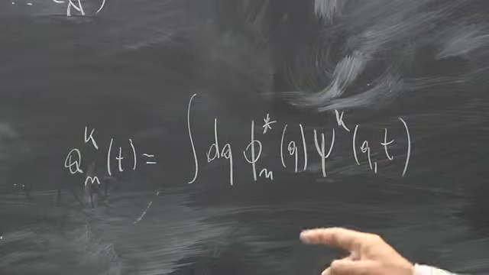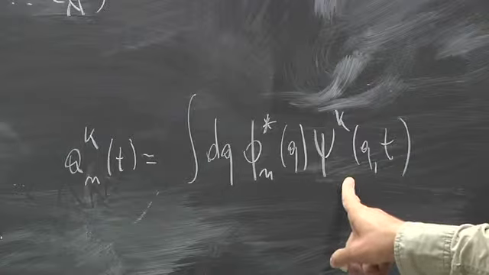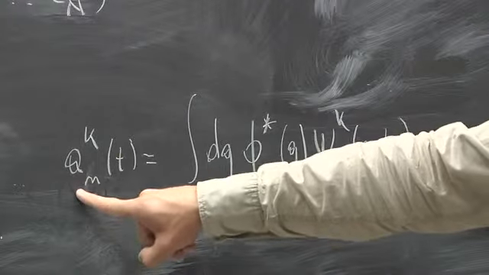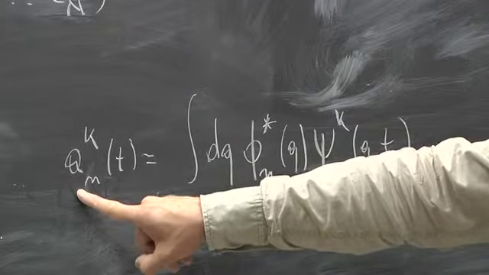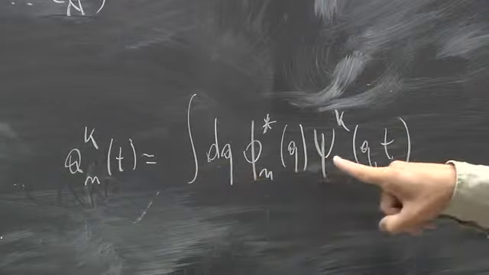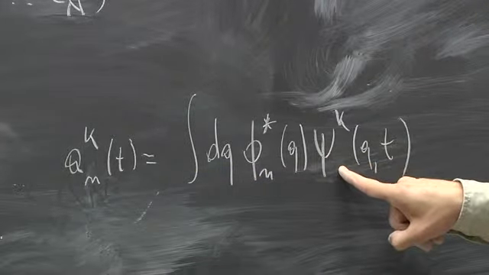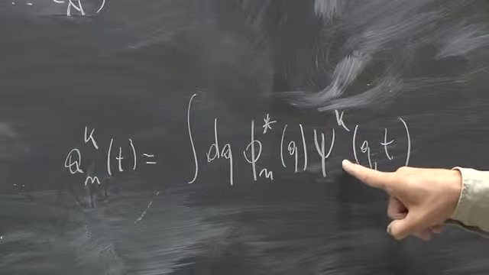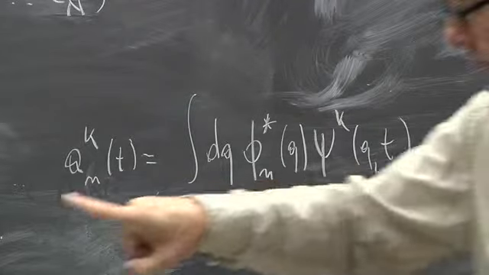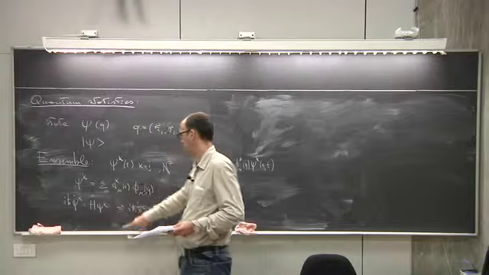If I take the derivative here, iħ times the time derivative, I will have iħ times the derivative of psi_k, which is H times psi_k.